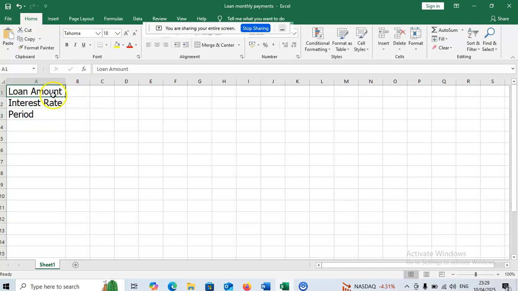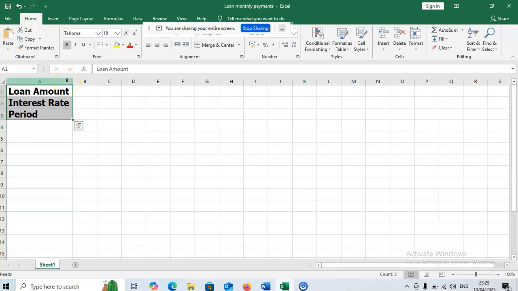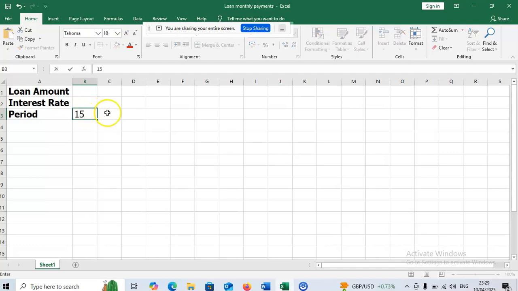Okay, so suppose you want to borrow money to buy a house. You are considering a 15-year loan, so the period is 15 years. The lender offers different interest rates reflecting the risks in the shorter loan and the longer loan.